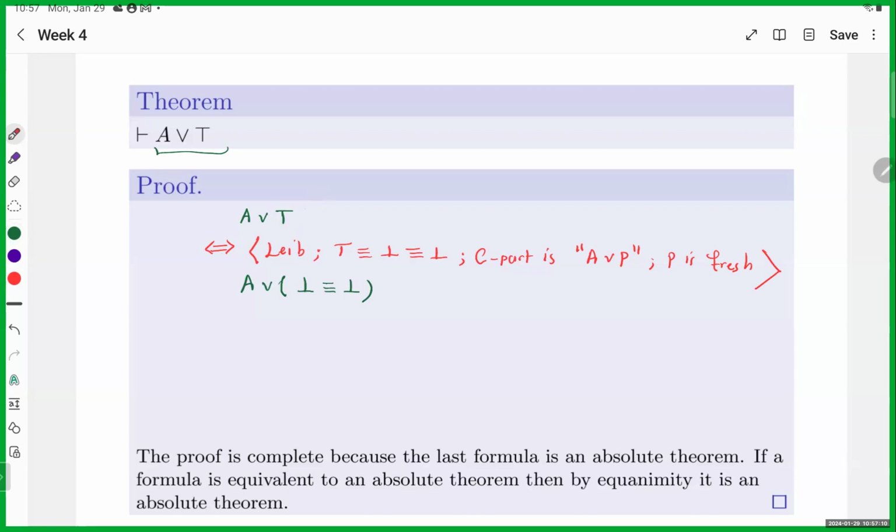Now, as I mentioned, just use the distributivity. Sorry, I said associativity earlier, just distributivity. And I'm applying it to the entire formula, so no Leibniz is applied here.